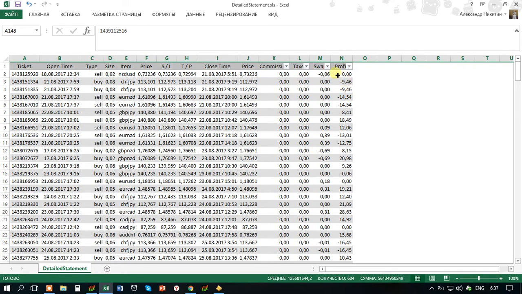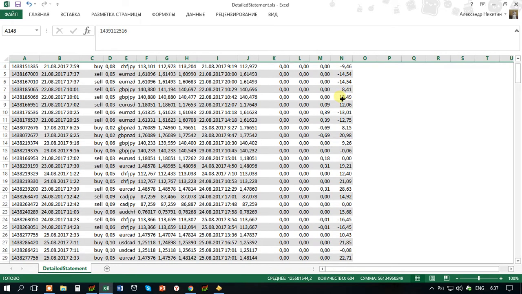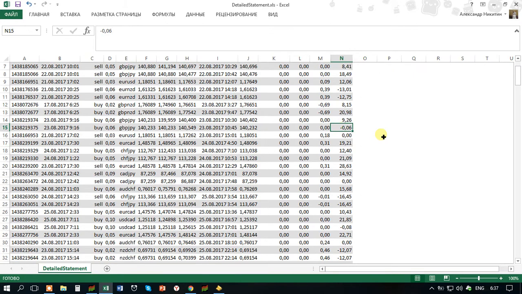Okay, so what I don't like with MetaTrader is that sometimes when I have a zero trade, a break-even trade, it calculates it as a loss, but my zero trades aren't losses. What are those zero trades? They are half of the position that was break-even.